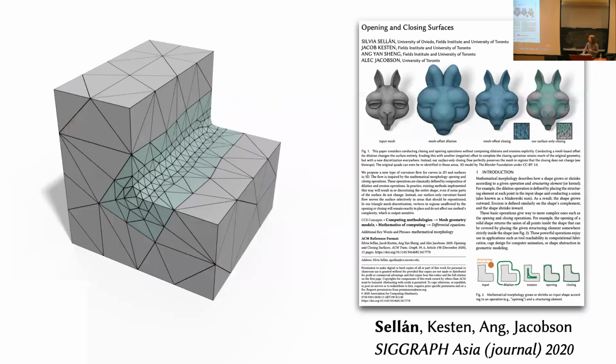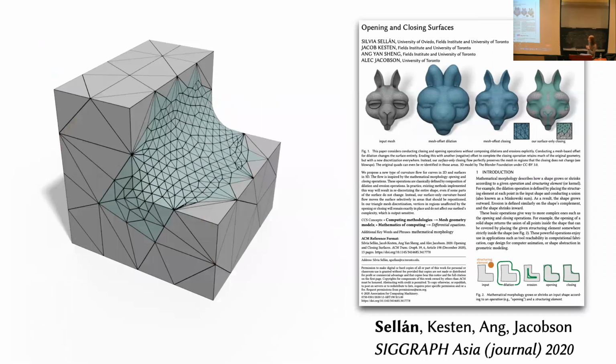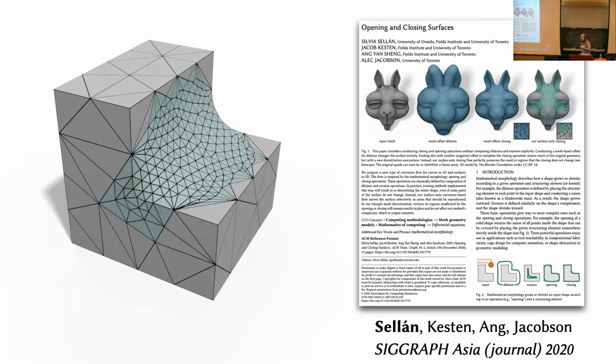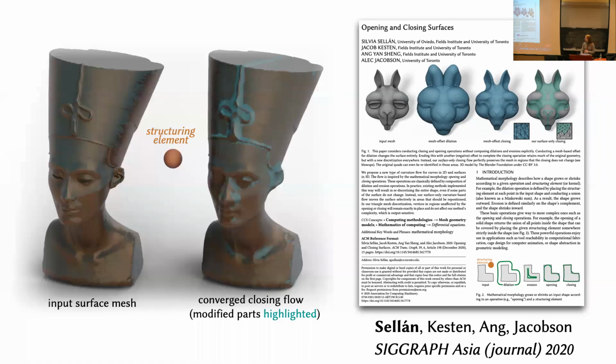The idea was, how do we smooth a shape such that we only smooth the concave parts of a shape, but we keep the convex parts the same? And specifically, we keep the triangulation of the convex parts. This can be useful, for example, to edit shapes. Or we pitched it as a way of simulating rust, because rust accumulates in concave regions, but it doesn't accumulate in convex regions.